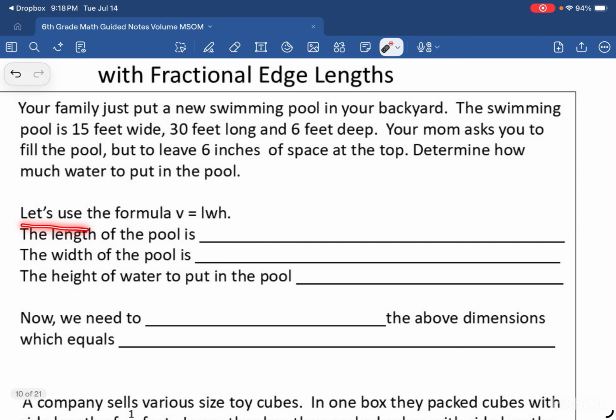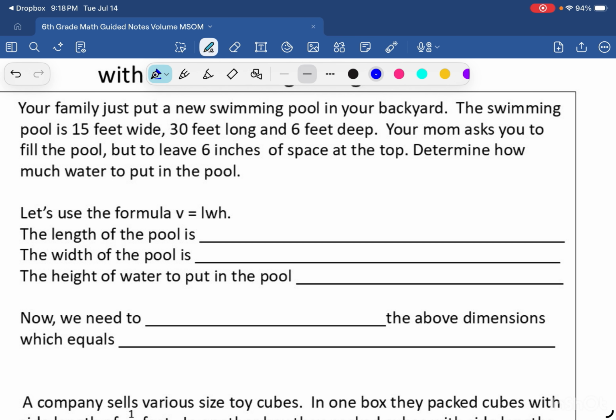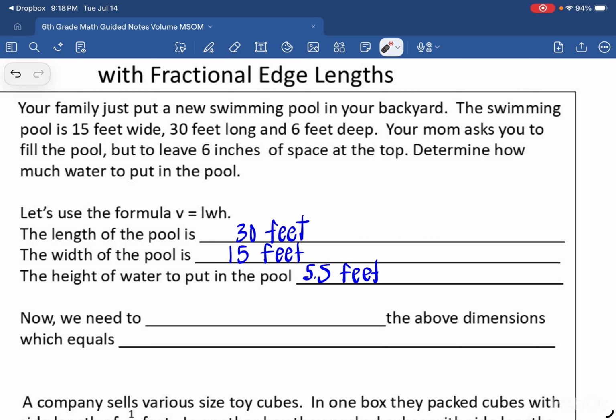Let's use the formula V equals LWH, or length times width times height. The length of the pool is 30 feet. The width of the pool is 15 feet. And the height of water to put in the pool is 5.5 feet, because the pool is 6 feet tall and we need to leave 6 inches. So that's 1/2 a foot.